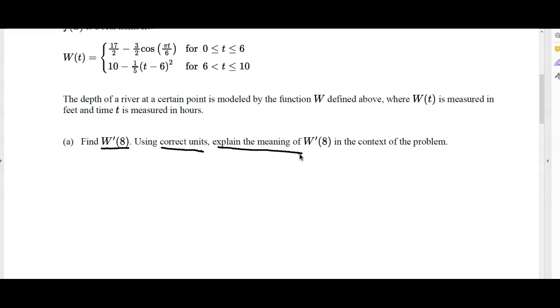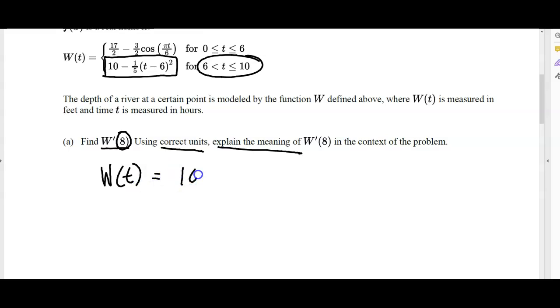Well, first of all, notice the T value that they give us, it's 8. That means we're on the time interval from 6 to 10, which means that we're going to be using this piece. So for that time interval, W of t is equal to 10 minus 1/5 (t minus 6) squared. And therefore, W prime of t will be, let's see, the 10 goes away because it's a constant.